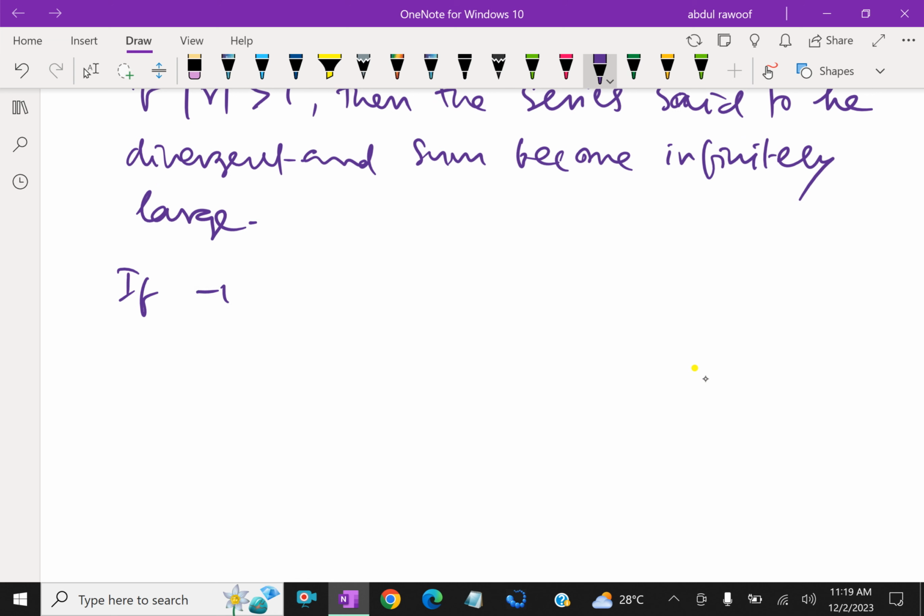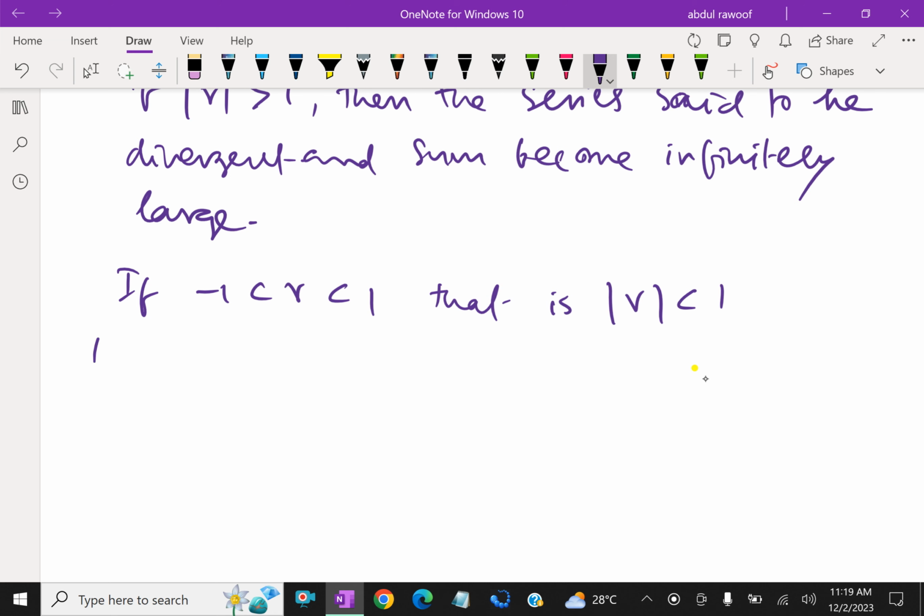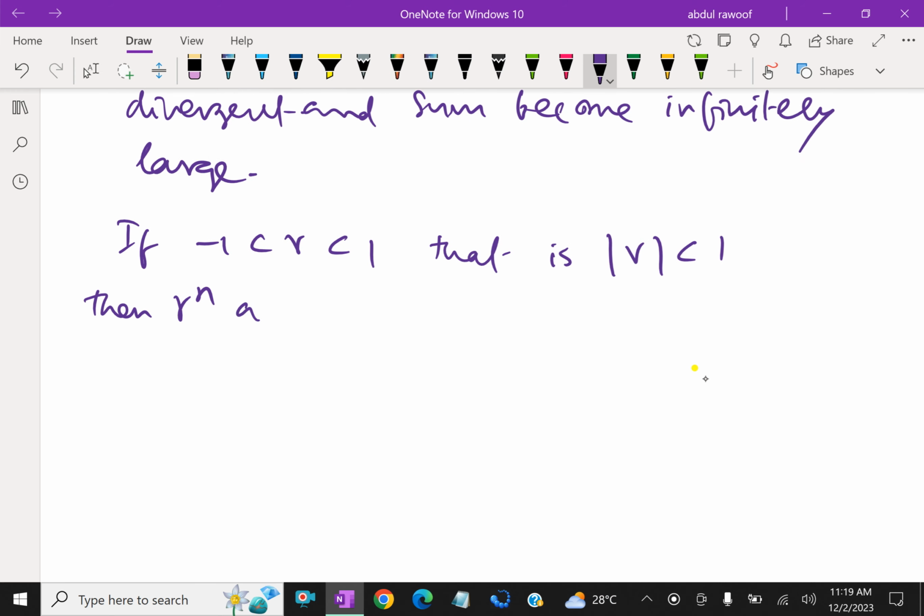Then if minus 1 is less than r, which is less than 1, in other words the absolute value of r is less than 1, then r to the power n approaches 0 for very large n.